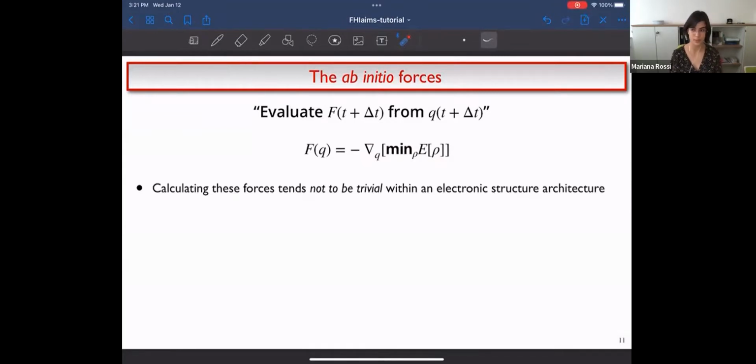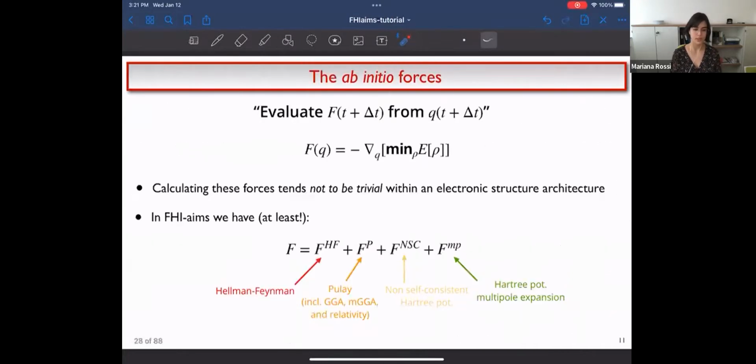And I talk a little bit about what we have in FHI-aims. So in FHI-aims, we have at least a few terms that enter these forces. I will talk about a few of them in more detail in the next slides.